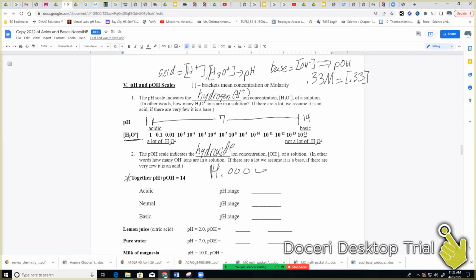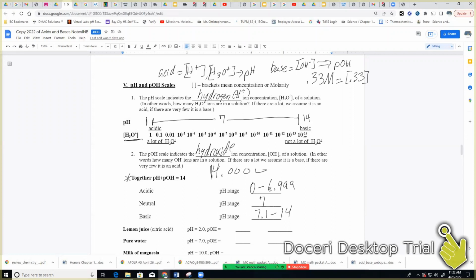All right, so if something is acidic, we say it can go from 0 to 6.999, just right before I get to 7. Neutral would give me a 7, and then on the other side of that, right after I pass 7, on up to 14, those are going to be my basic solutions.